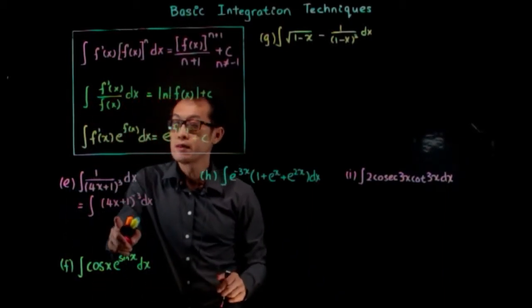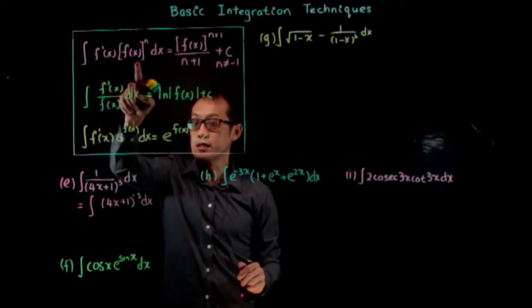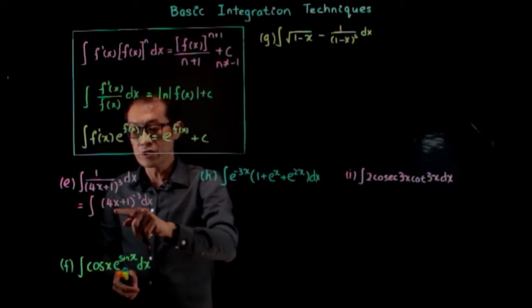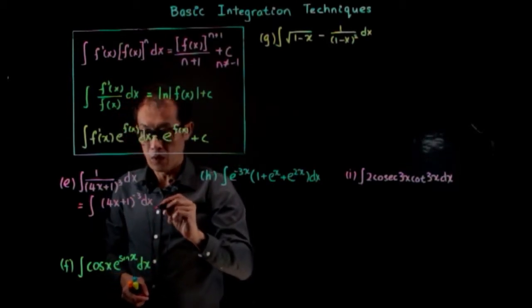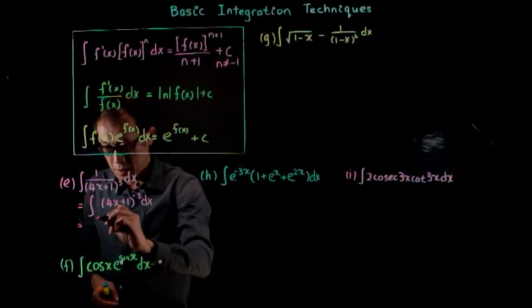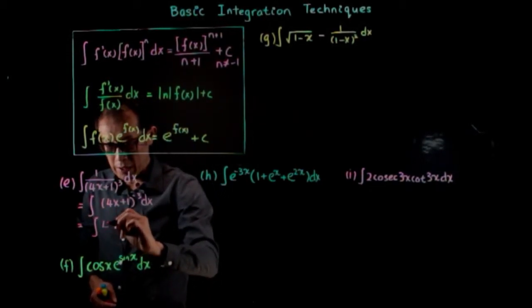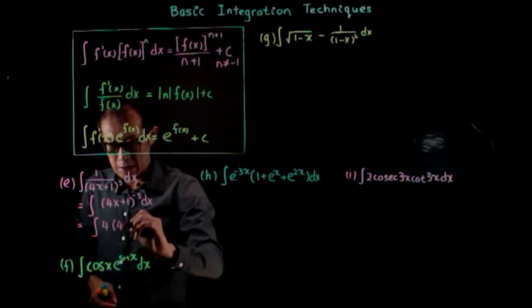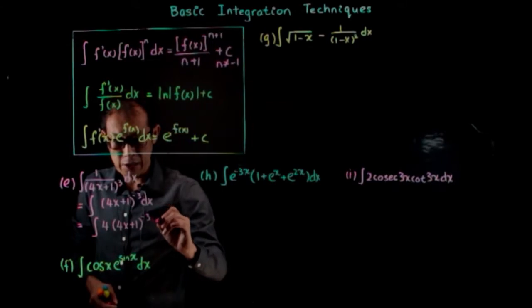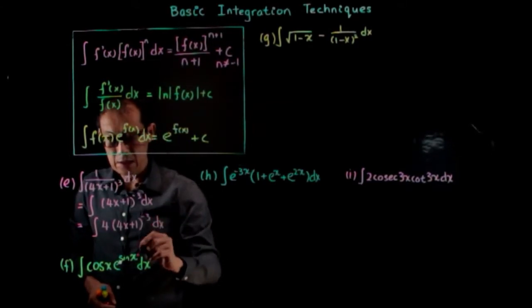Now, we need the outside to be the differential of this. So the differential of 4x plus 1 is 4. So what we can do is put a 4 here, then this is (4x plus 1) to the power of minus 3 dx.